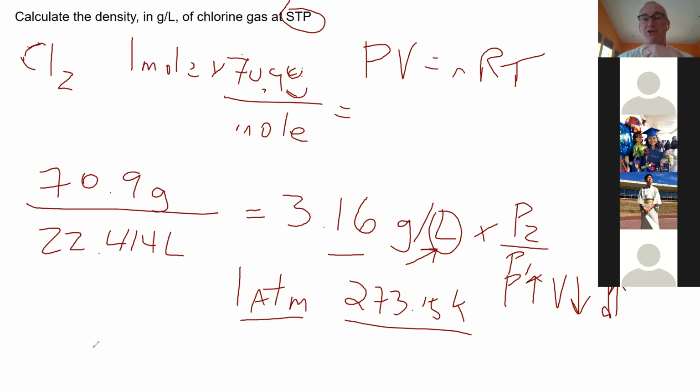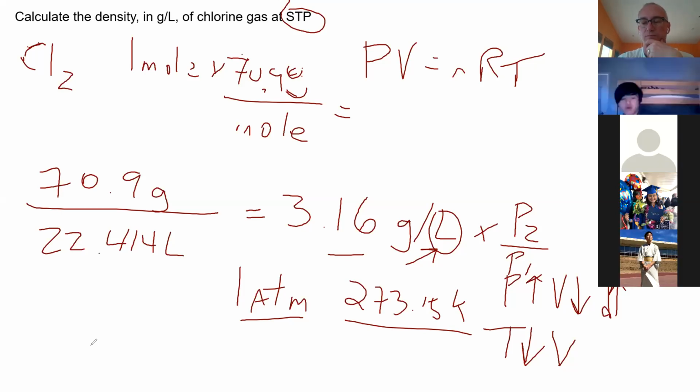And so if the temperature changed, what happens? If the temperature goes up, what happens to the volume? If the temperature goes down, what happens to the volume?